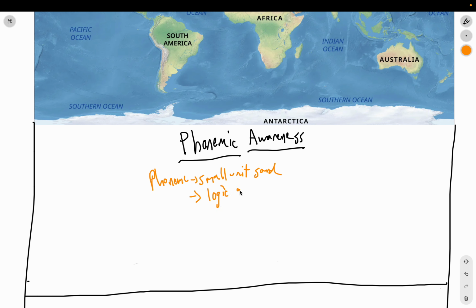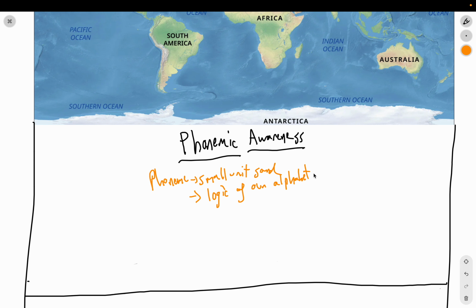As in, our letters, or sometimes two letters, represent single phonemes. And that's sort of the way English is written.